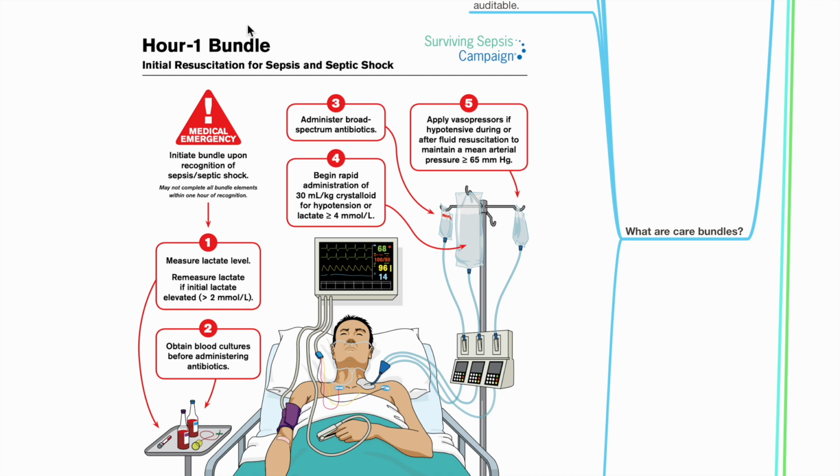and septic shock from the Surviving Sepsis Campaign. Initiate the bundle upon recognition of sepsis or septic shock: measure lactate levels, and remeasure lactate if initial lactate is elevated more than 2 millimoles per liter; obtain blood culture before administering antibiotics; administer broad-spectrum antibiotics; begin rapid administration of 30 ml per kg crystalloid for hypotension or when lactate is 4 or more; apply vasopressors if hypotensive during or after fluid resuscitation to maintain MAP of 65 mmHg or more.